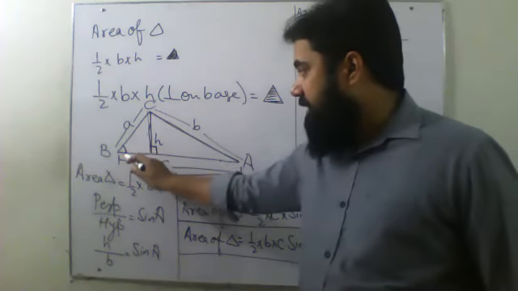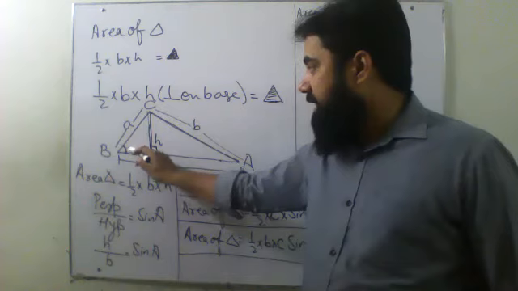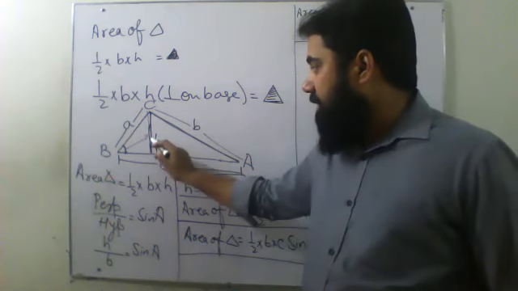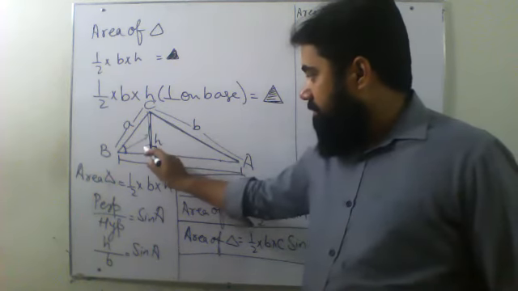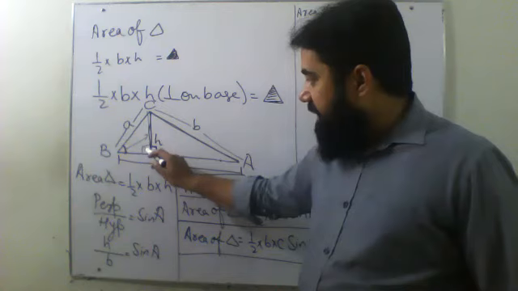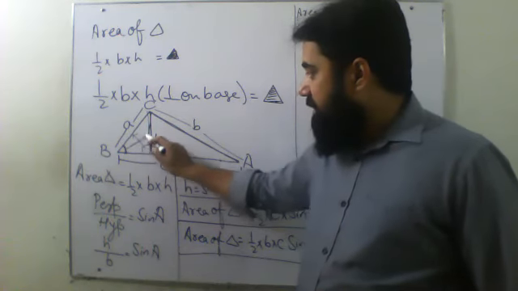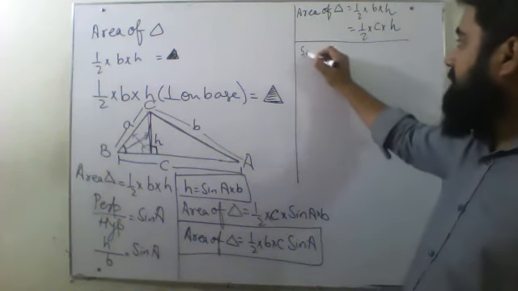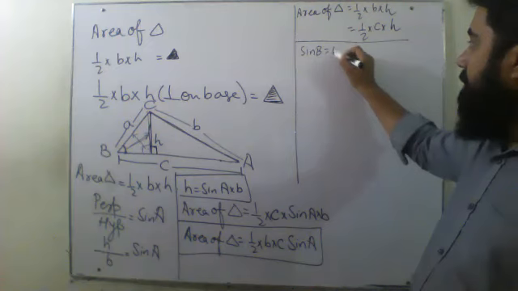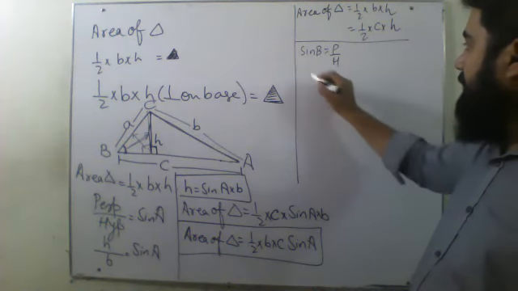Which angle am I using? This angle. According to this angle, this thing is 90 degrees, this will be the hypotenuse, and this will be the perpendicular. So sine B equals perpendicular over hypotenuse.